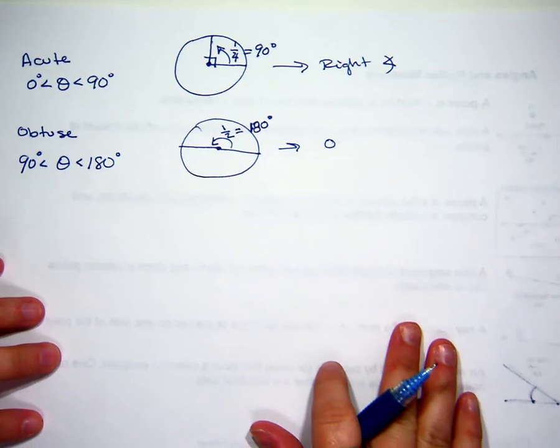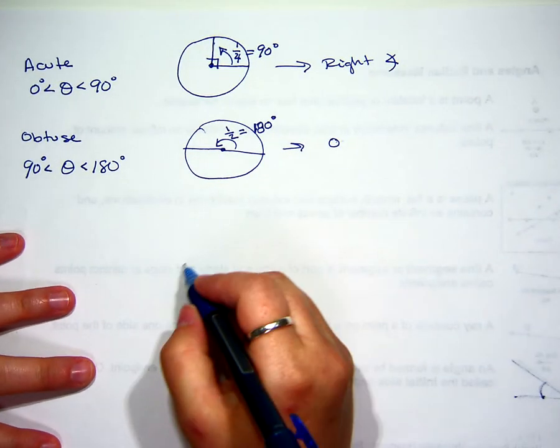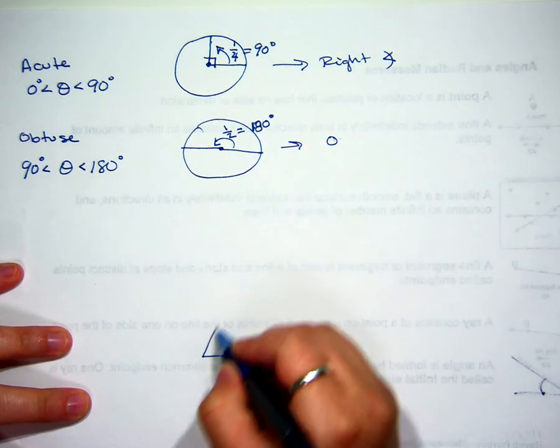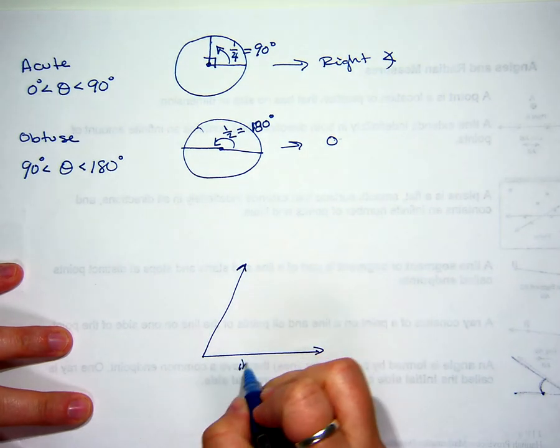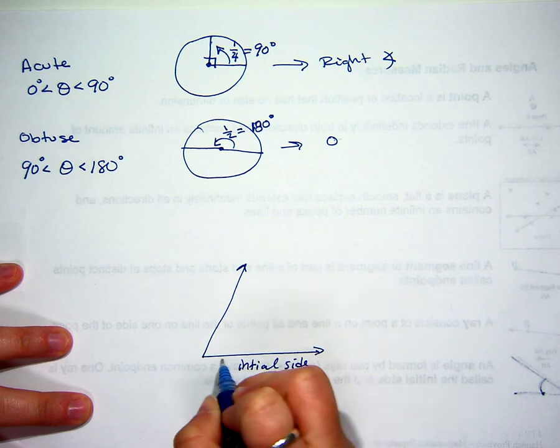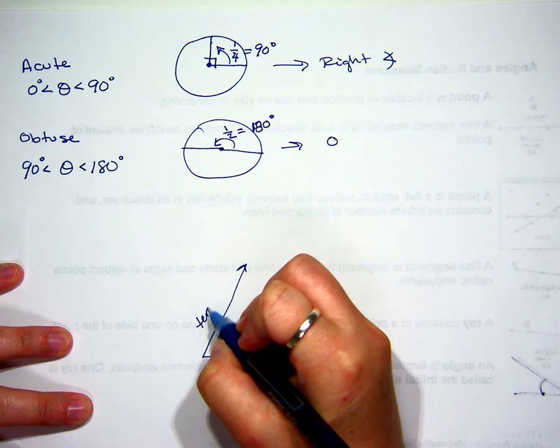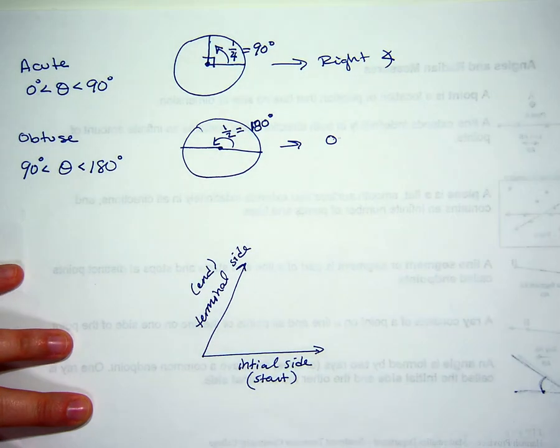Let's also talk about the pieces of an angle. Earlier I mentioned that two rays intersect to make an angle, but there also is the idea of the initial side and the terminal side. The initial side is your so-called start side, and your terminal side is your so-called end side.